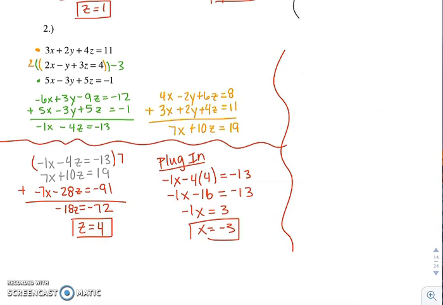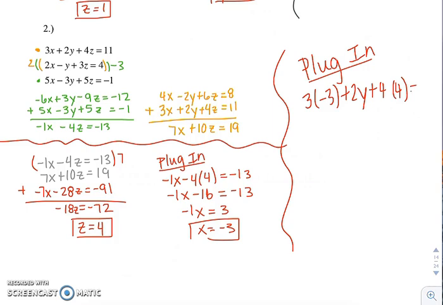And then we've got to plug in one last time to get that third variable. So any one of the original 3 equations, let's just do the first one. 3x, so 3 times negative 3, plus 2y is what we're finding, plus 4 times 4 equals 11.